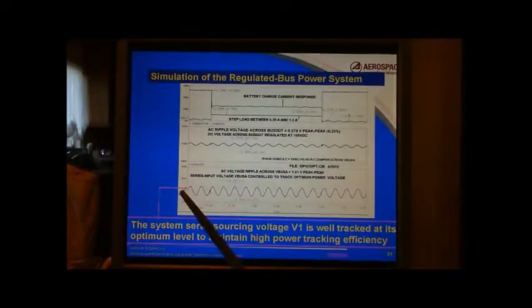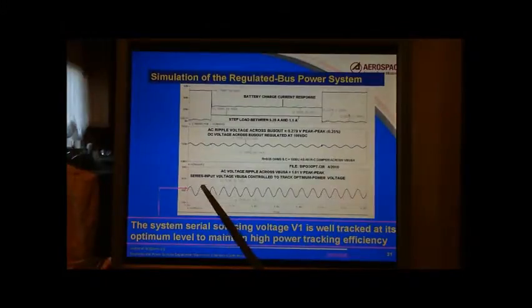Basically, the bus out voltage is still very tightly regulated, and the maximum power tracking continues its operation without being significantly perturbed or disturbed. This demonstrates that the maximum power tracking operates effectively.